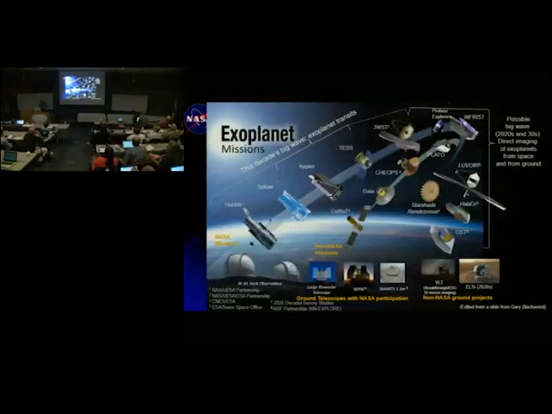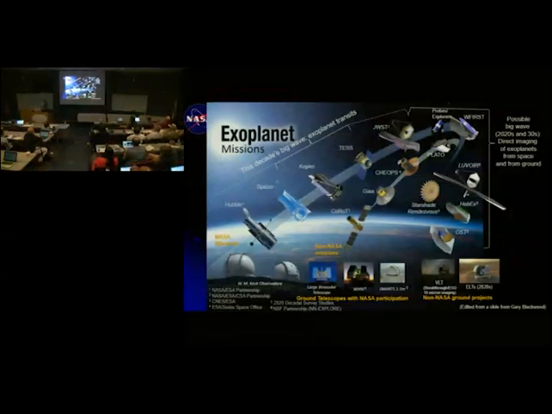Angie showed this slide already. I have a slightly edited version of the slide. And so I want to switch gears and talk about missions to directly image habitable planets. This shows NASA missions, European missions, space missions, ground-based. Some of them are concepts, some of them are flying. One thing that you may note, and Angie did a good job talking about it, is that currently we have a big wave of exoplanet transits.